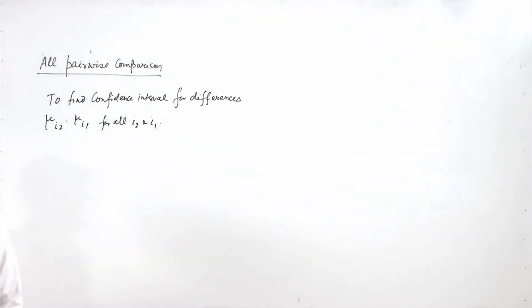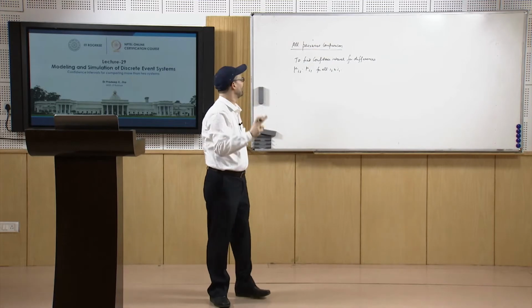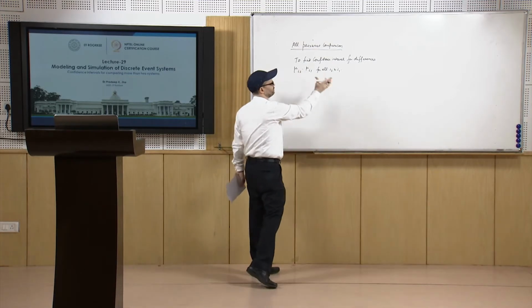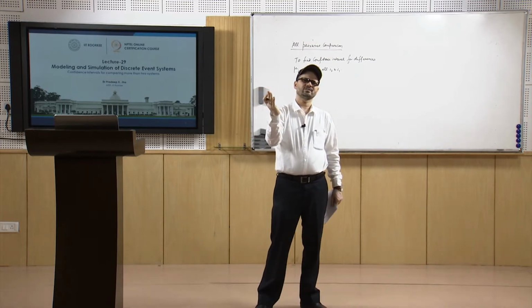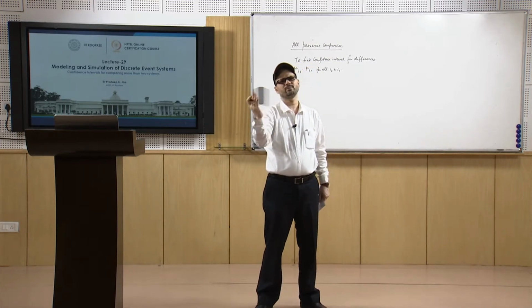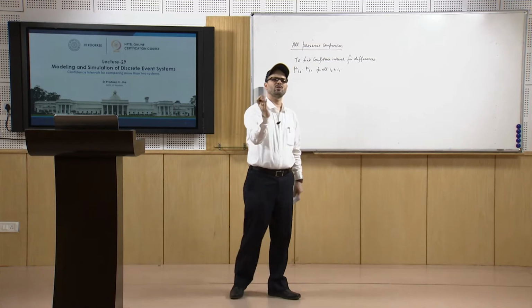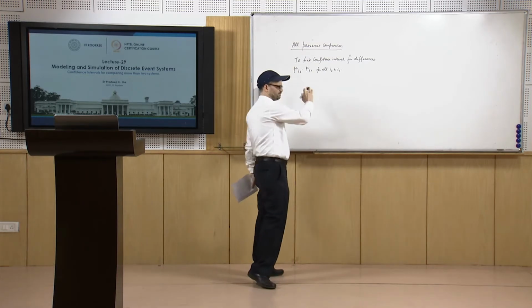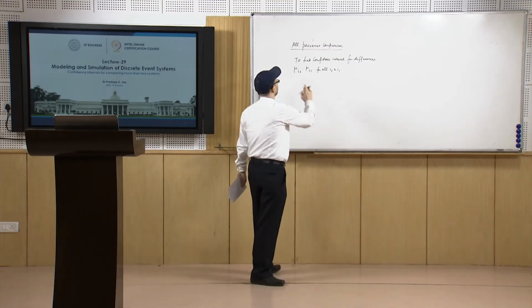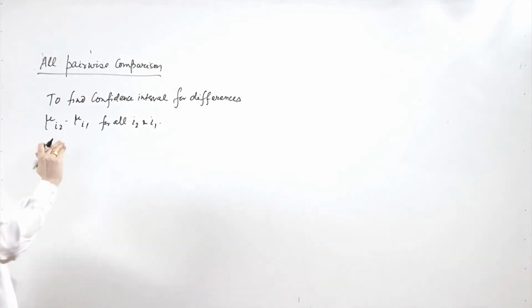In the earlier case you had one standard, and every time you simply had to take the difference from second to first, third to first, fourth to first and fifth to first. But in this case we are going to have the comparison of everyone with every other one, and then see which one is on the higher side.